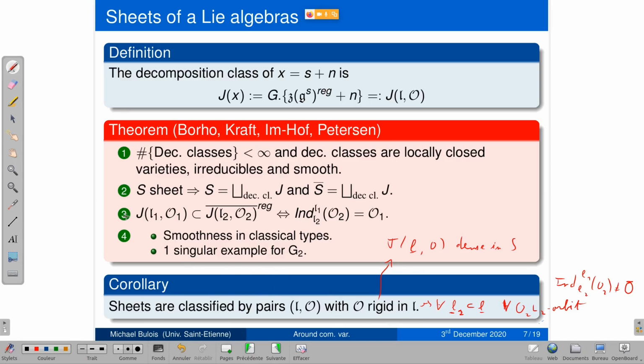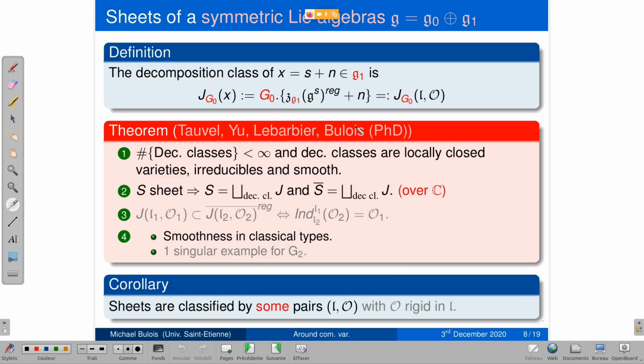Okay, so the idea next is to tell you what happens in the symmetric Lie algebra setting where I worked. So first, some known results. In the symmetric Lie algebra setting, you look at the action of G0 on G1. So you are interested in elements of G1. There still is a Jordan decomposition.